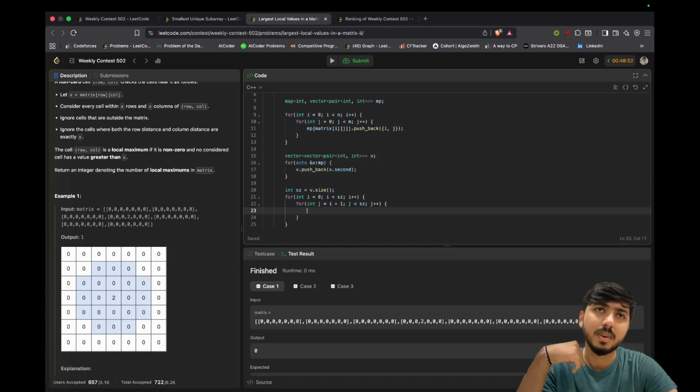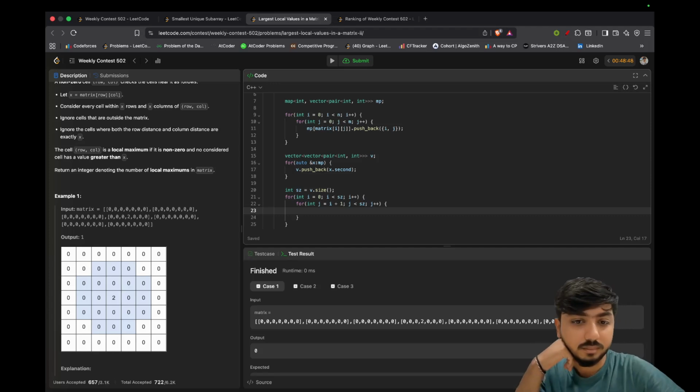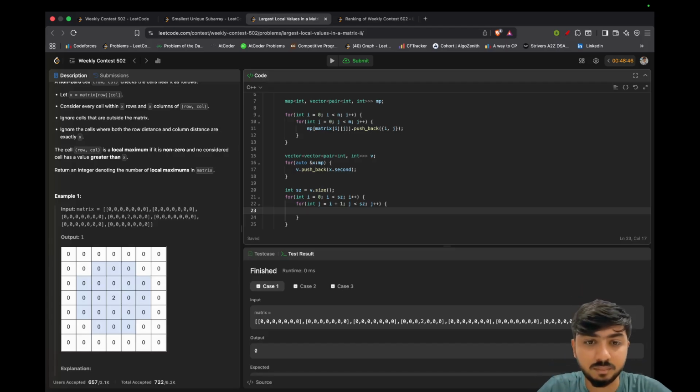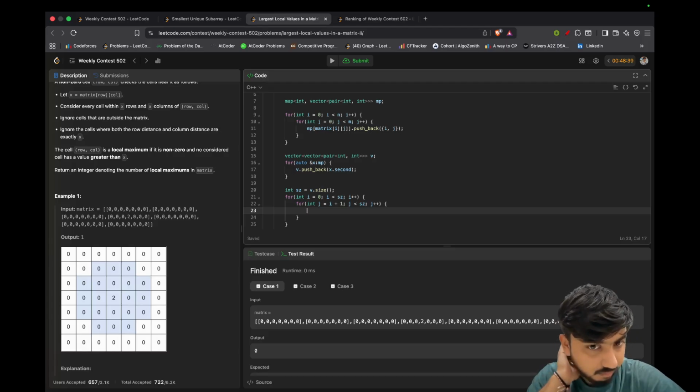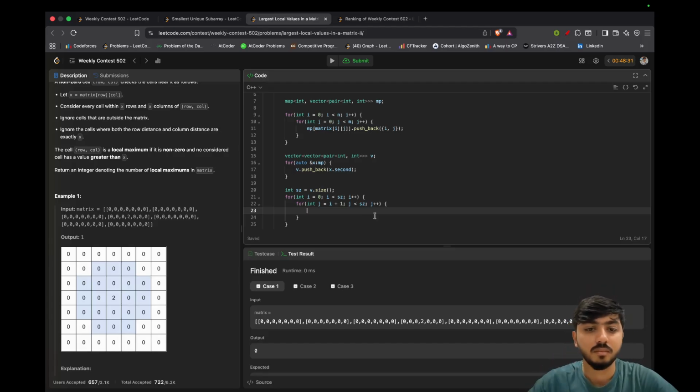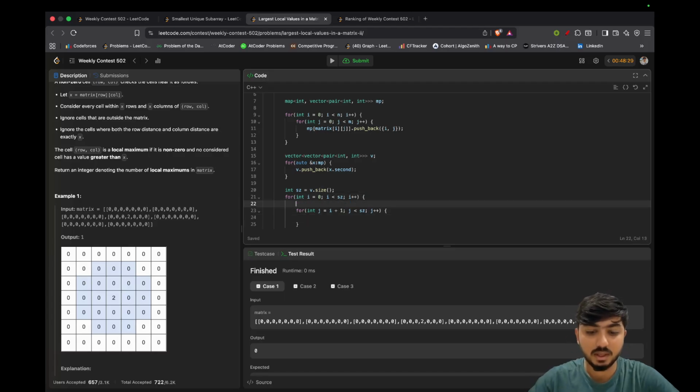If this point lies in the surrounding of this, then this is not a potential answer. So actually it should be like this: for auto ampersand x over v of i.